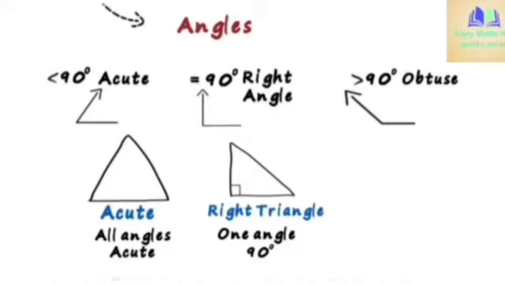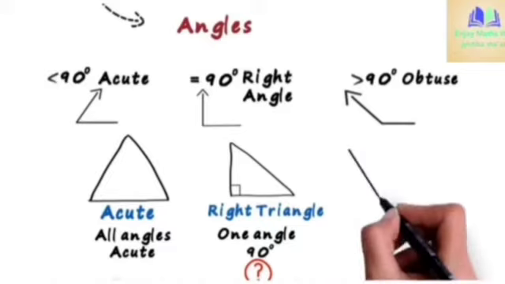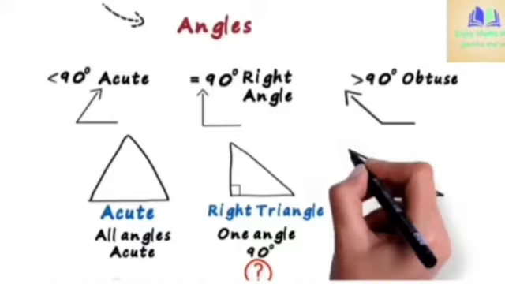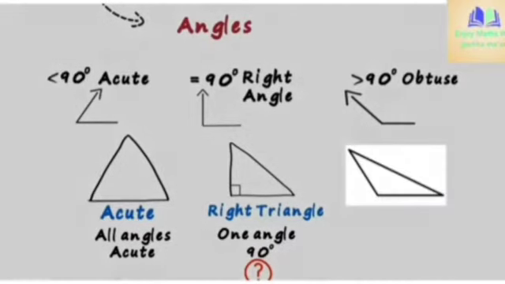On that note, let me ask you a random question. Can we have two right angles in a triangle? Try making one in your notebook and you will get your answer. The third kind of triangle looks a bit like this. If you observe carefully, you will see that just one angle is obtuse.